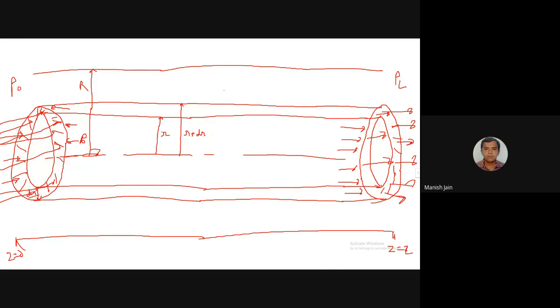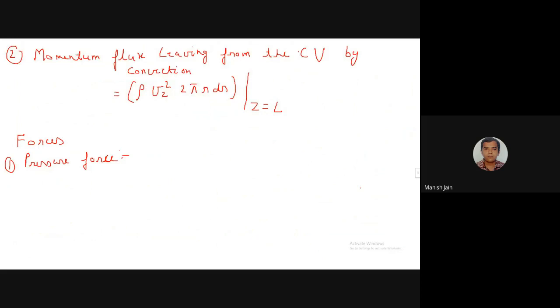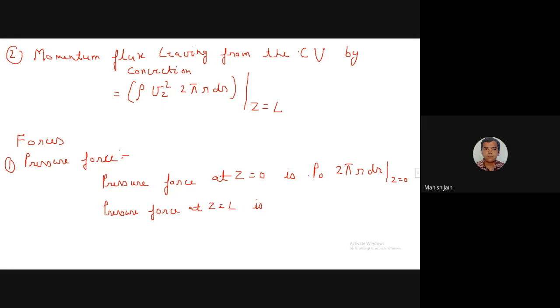So the pressure force at z equal to 0 is P naught times 2 pi r dr. At z equal to L, the pressure force is PL multiplied by 2 pi r dr, the cross sectional area at z equal to L. These are the two pressure forces.